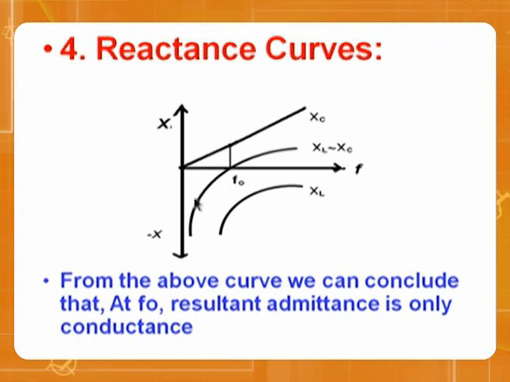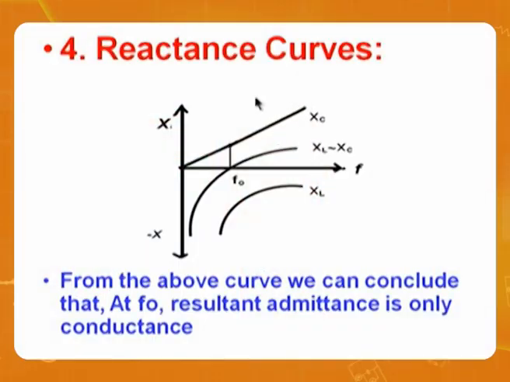This is due to the inductor, but finally lagging. So remember these two curves. What is finally happening? So F greater than F0, it is positive. F less than F0, it is negative. So this is what I mean.